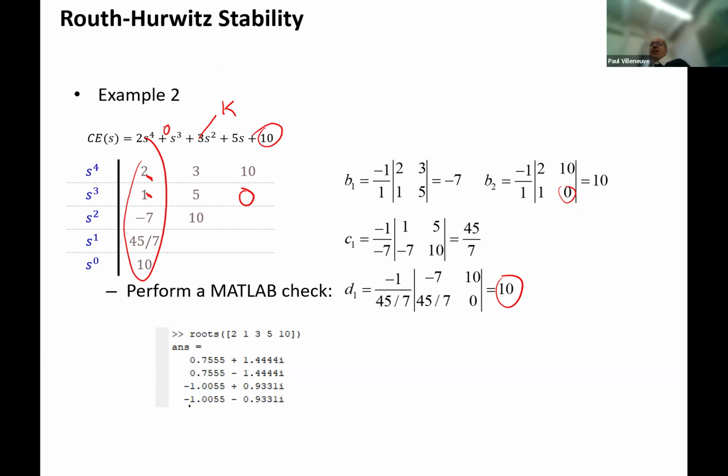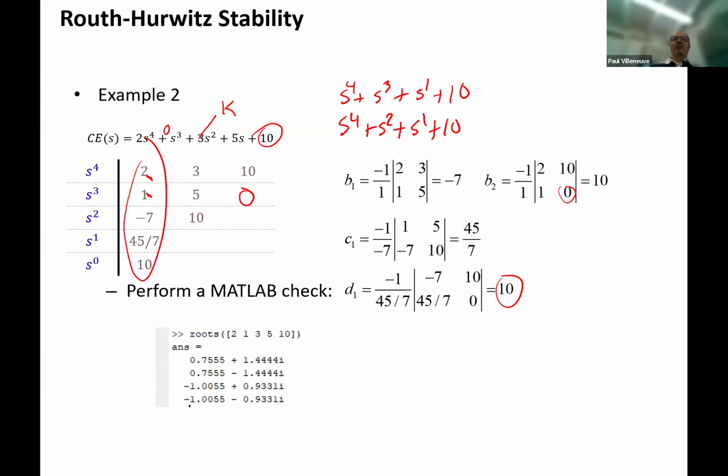If you are missing a coefficient in any of these, and what I mean is s to the 4th plus s cubed plus s plus 10, or s to the 4th plus s squared plus s plus 10, meaning I don't have an s squared here, or I don't have an s cubed here, it by default means it will be an unstable system. So if one of the coefficients vanishes or is missing, it's unstable. Nothing you can do.